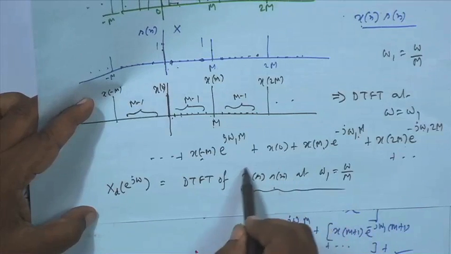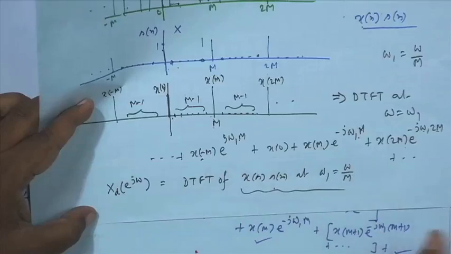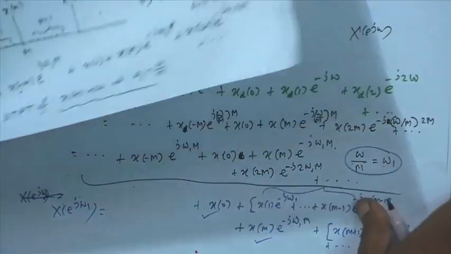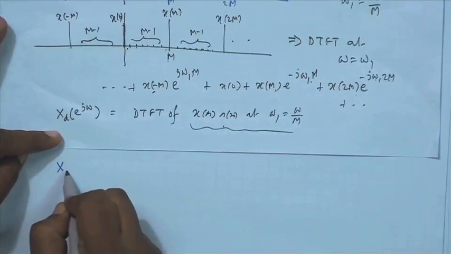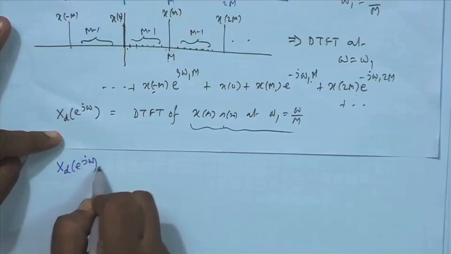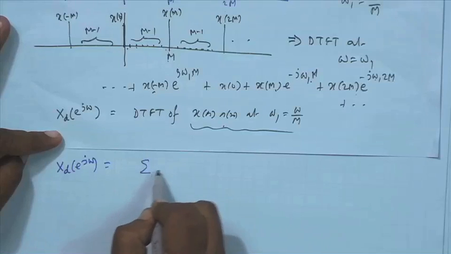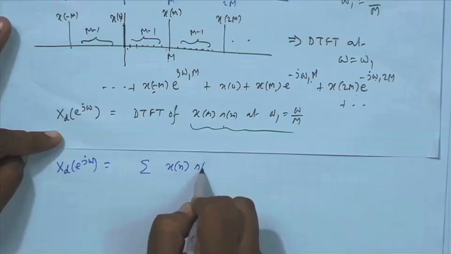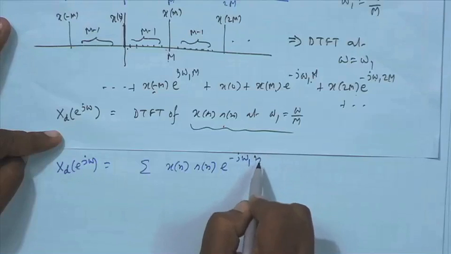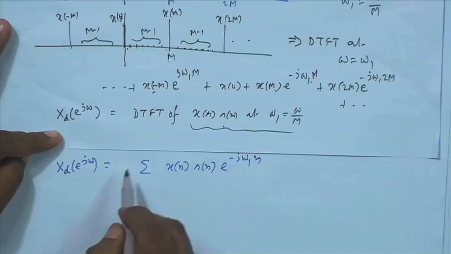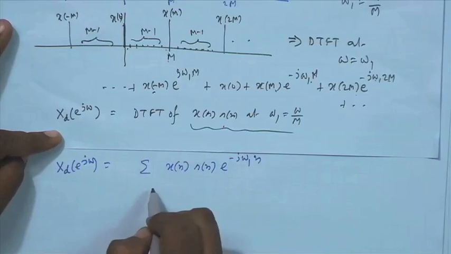We try to carry out DTFT of this for this choice of omega 1. That means X d e to the power j omega, by this expression, means the product x n S n e to the power minus j omega 1 n, because omega 1 is the frequency where you have to find out this DTFT.